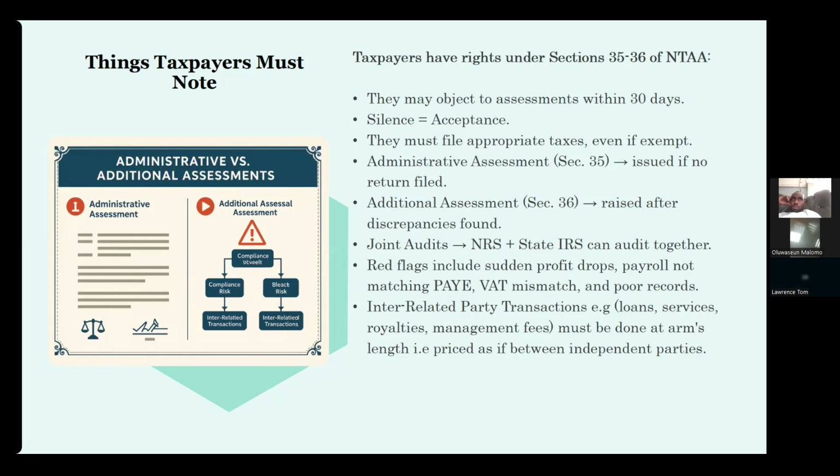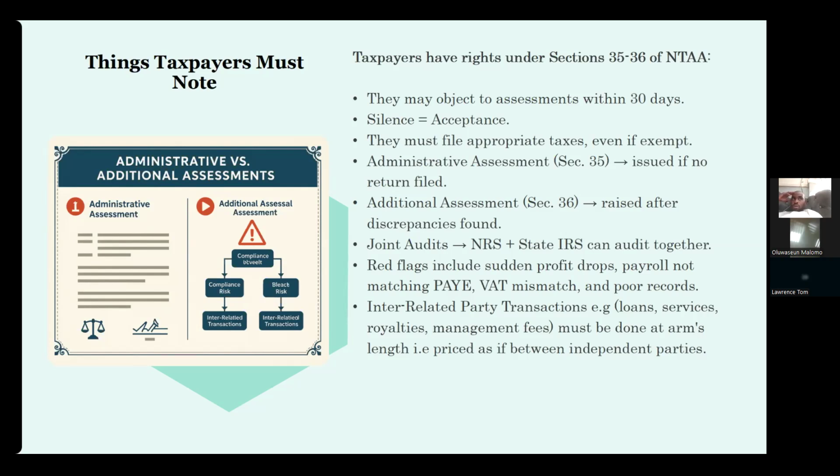And the Nigerian Tax Act is not just coming to tell you pay this, pay this. It also covers how you're supposed to make your obligations known, like how you're supposed to file your return, and when they write to you, how you're supposed to respond, or the deadline, the time frame for you to respond and all of that.